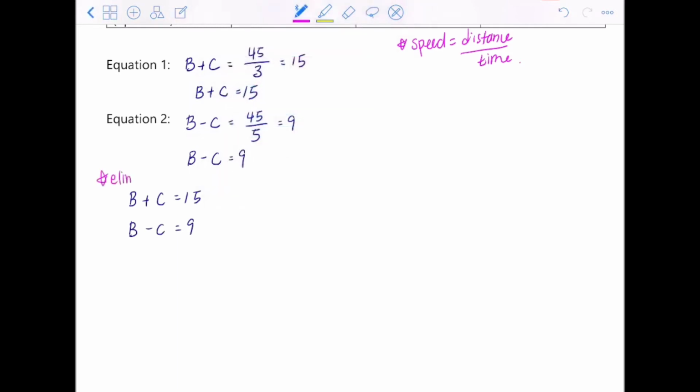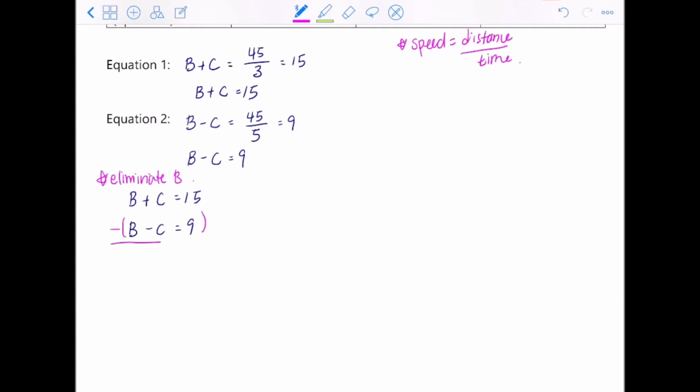So let's eliminate b. The b's and the c's and constants line up well, so let's just check the coefficients. They're both 1s, so I don't have to do anything to the equations.